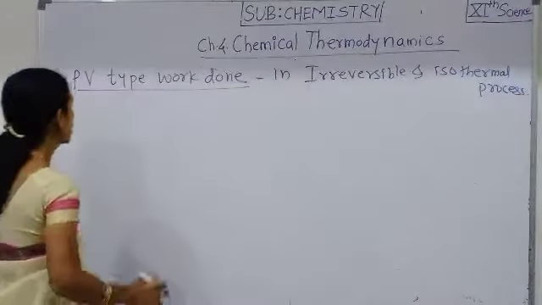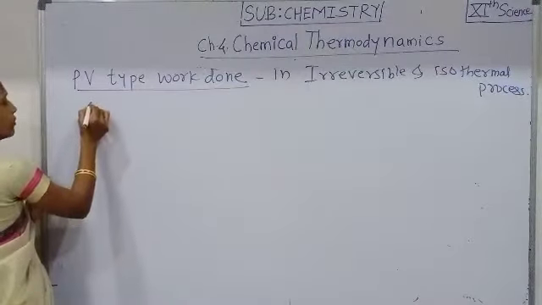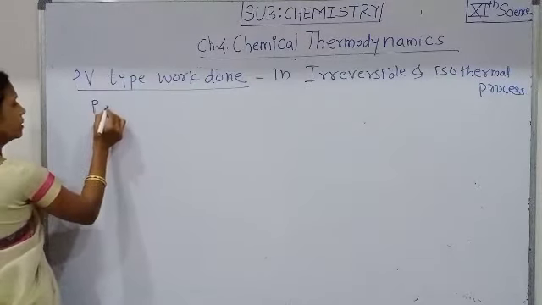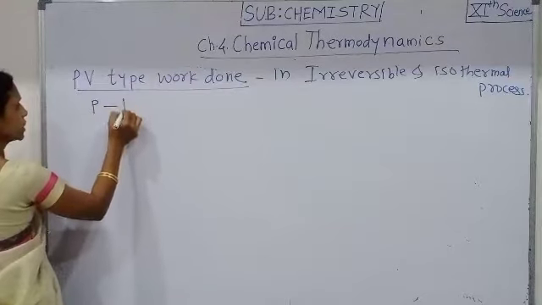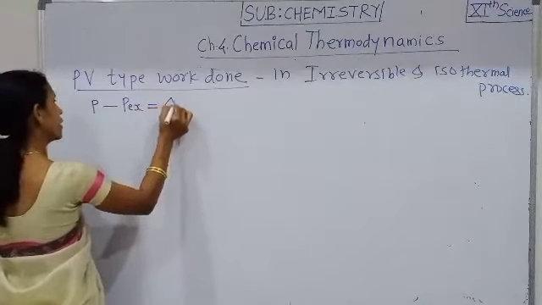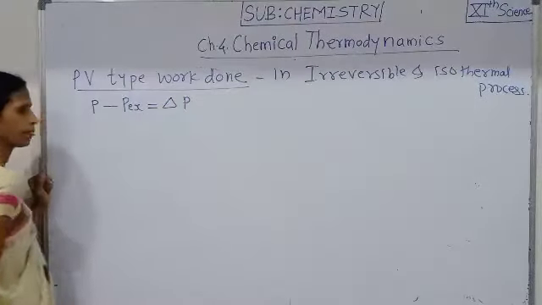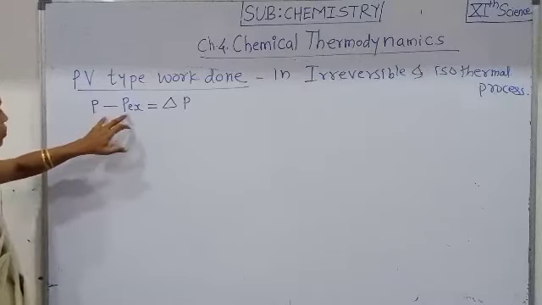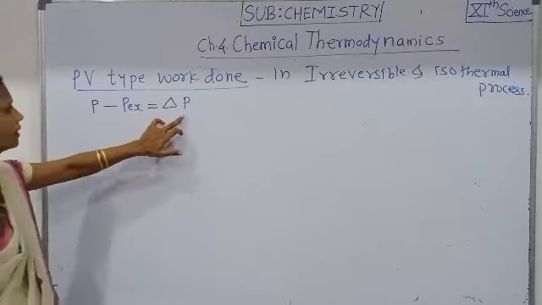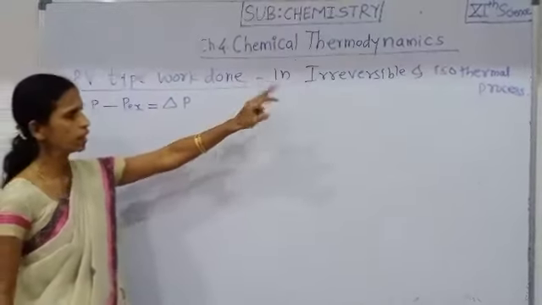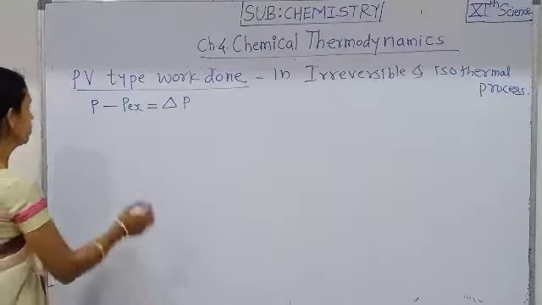That means here the difference between the driving force and opposing force is greater, that is delta P, and when the difference between those two forces is greater, then PV type work done takes place in an irreversible and isothermal process.